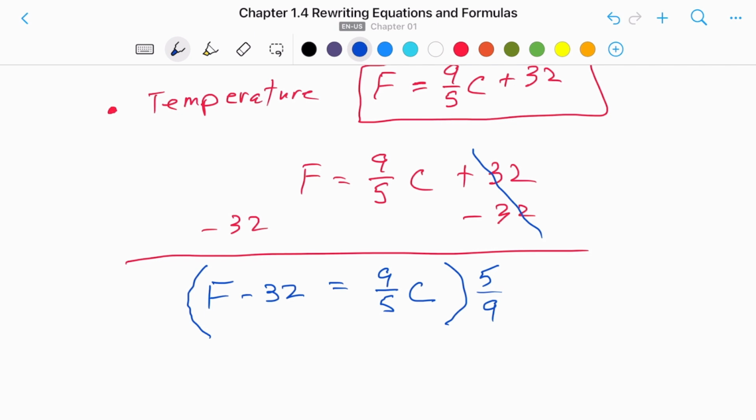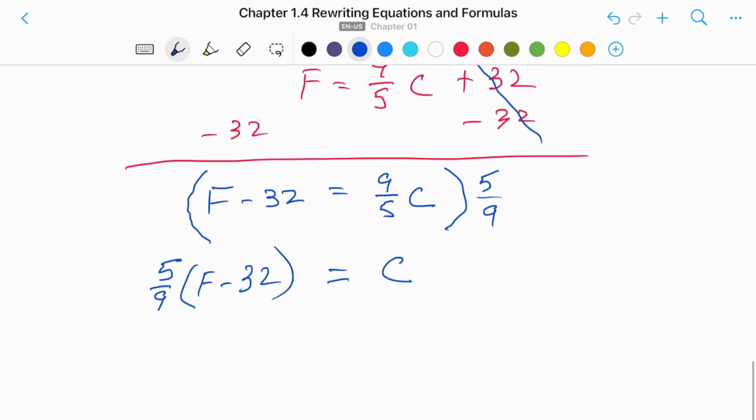This cancels out this, so this becomes C, and over here it becomes 5/9 times F minus 32.